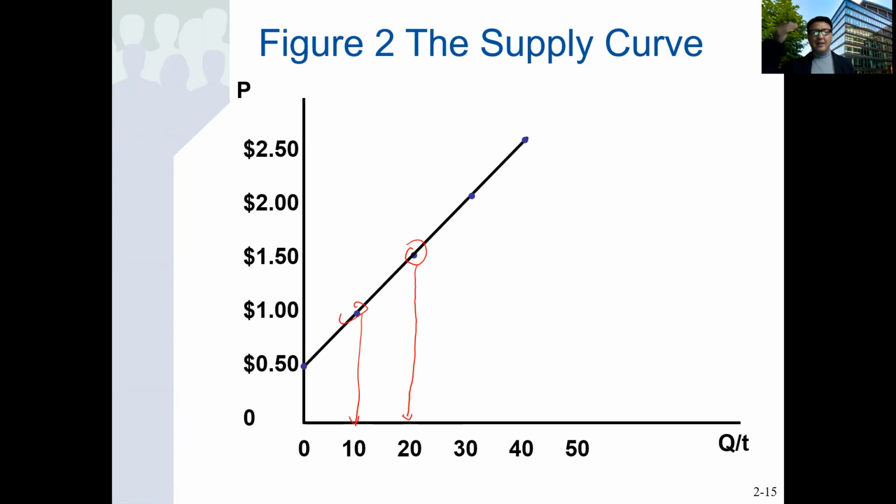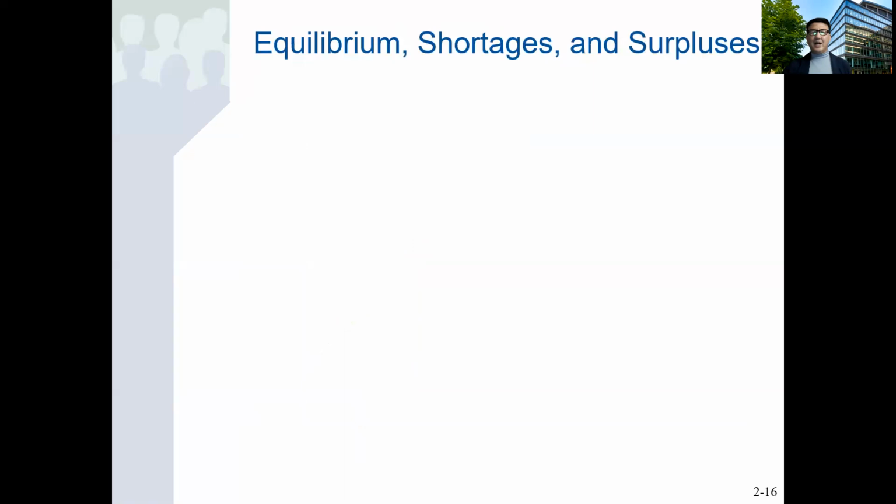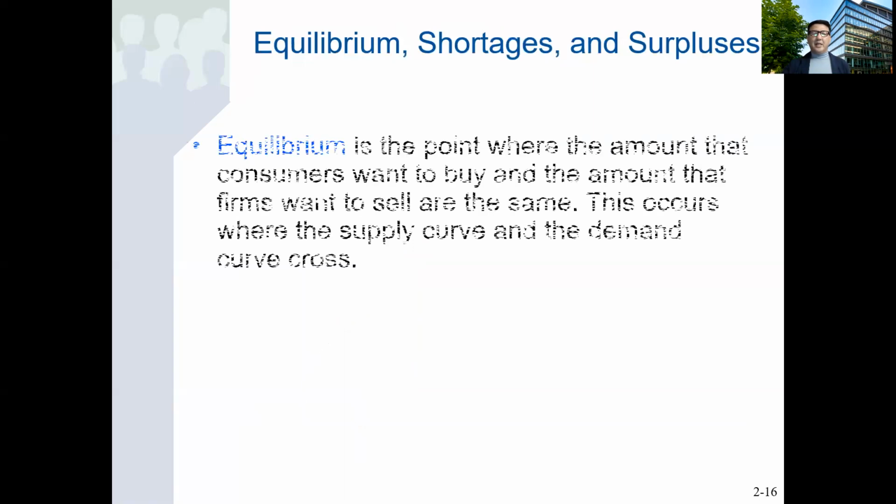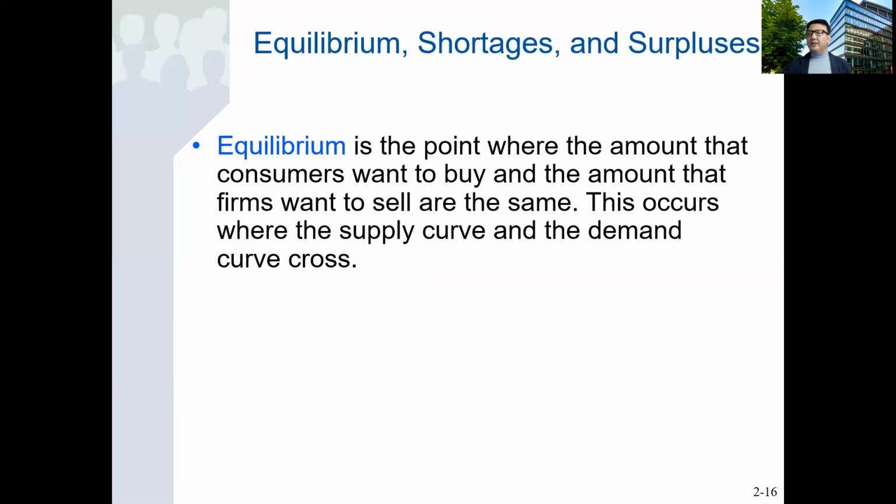That's what the supply curve is. Now, if you combine them, there's a term called equilibrium, shortages, and surpluses, which I'm going to explain in a little bit more detail.